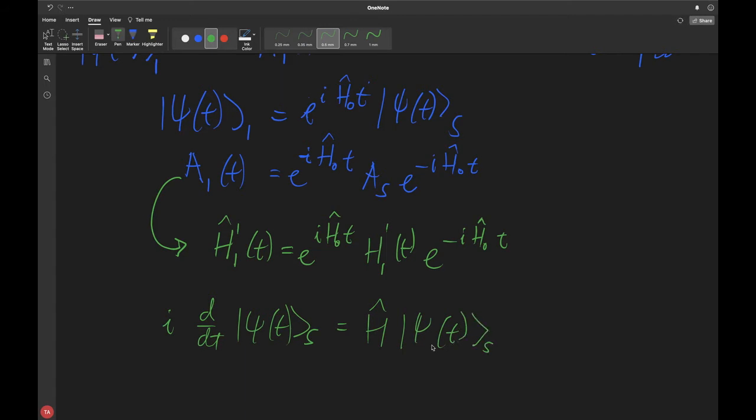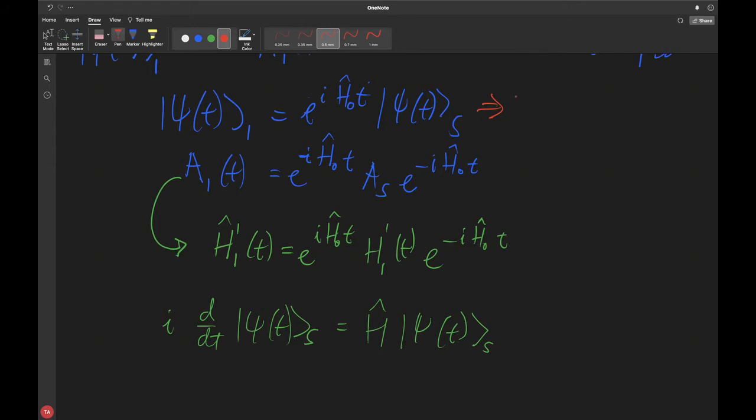Just wrote the Schrödinger equation again. I did that because I want to rearrange this thing and unplug it. So from this, we can say that the psi_S is the same as the psi_I if I take this exponential to the other side.